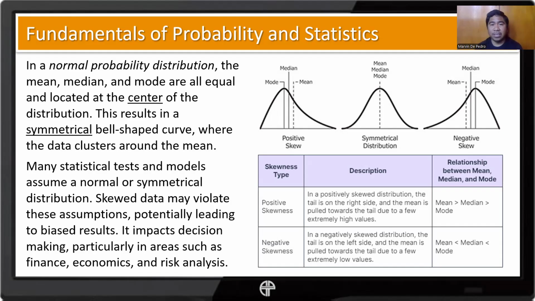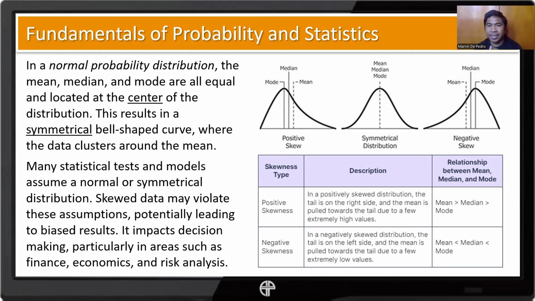economics and risk analysis. Okay, so when it comes to skewness, we have two types of skewness depending on whether it's skewed to the left or to the right. If it's skewed to the left, then that's a positive skew, wherein in a positively skewed distribution, the tail is on the right side.